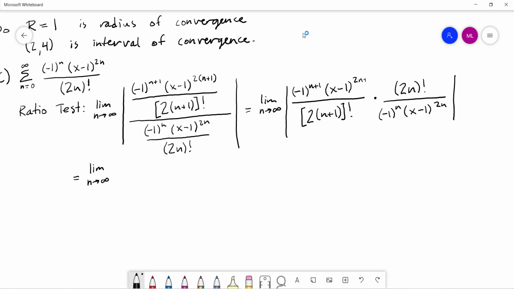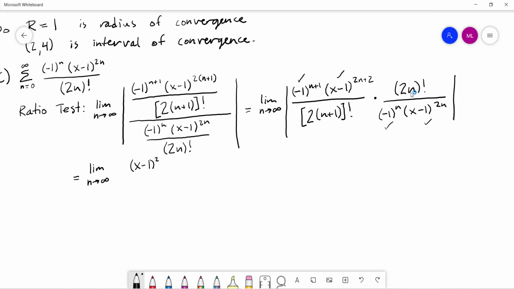It'll make it a little bit easier to see what's going to cancel. The 2n and the 2n will both cancel, but that leaves me with 2 extra factors of x minus 1 in the numerator. So I'm going to wind up with an (x minus 1) squared in the numerator. So I've taken care of these terms.